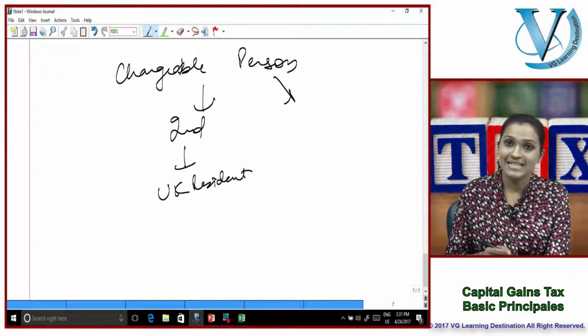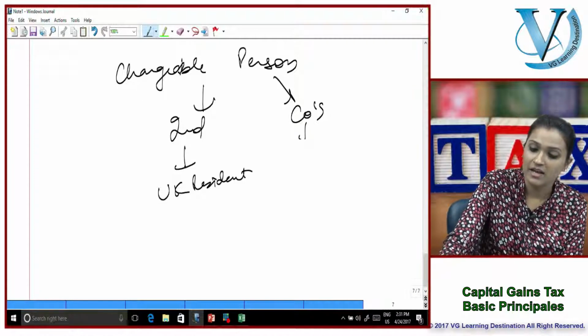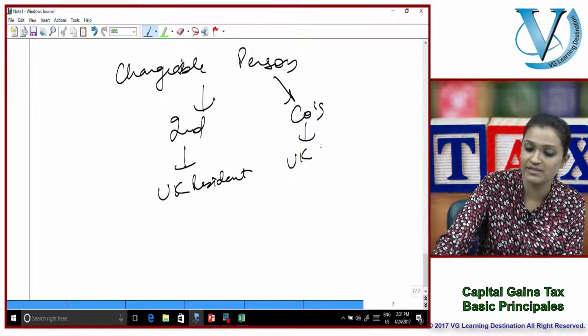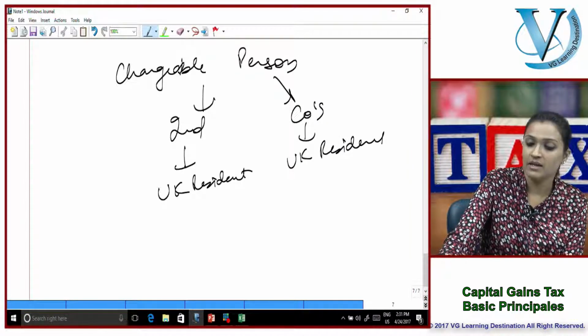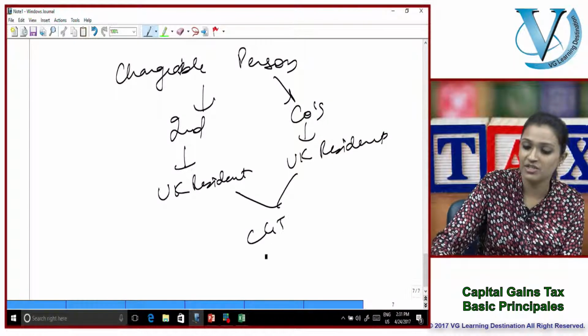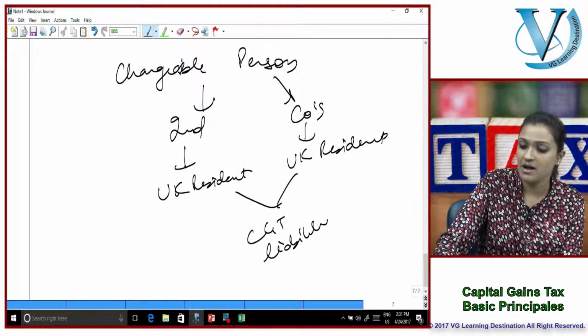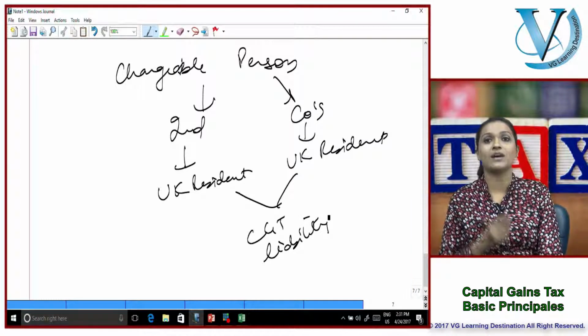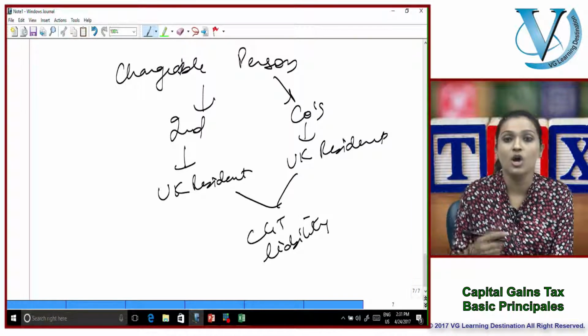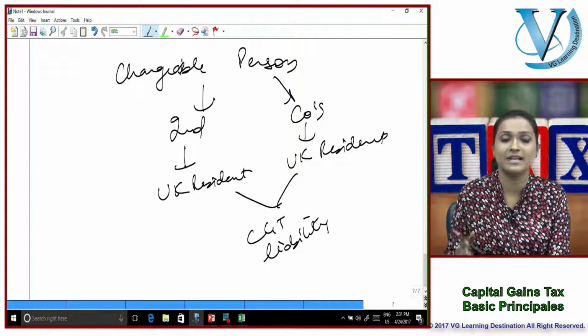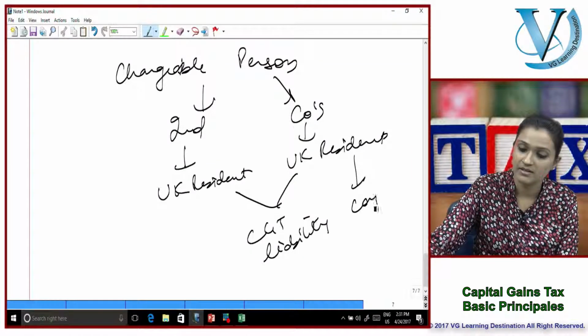Similarly, for companies, if the company itself is a UK resident company, again, you have to pay CGT. You are liable to pay capital gains tax, or corporation tax in the case of companies.